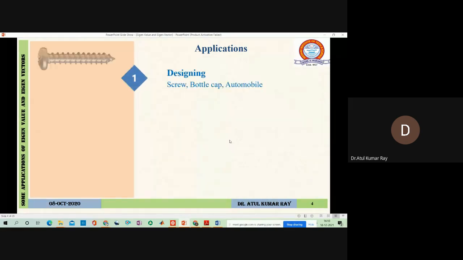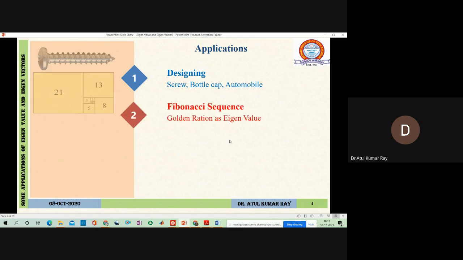Now, we see the application of eigenvalues and eigenvectors in designing, obviously. We'll see one live example here, of a screw and bottle, that will help you understand how eigenvalues are applicable. Then it also helps in the Fibonacci sequence.